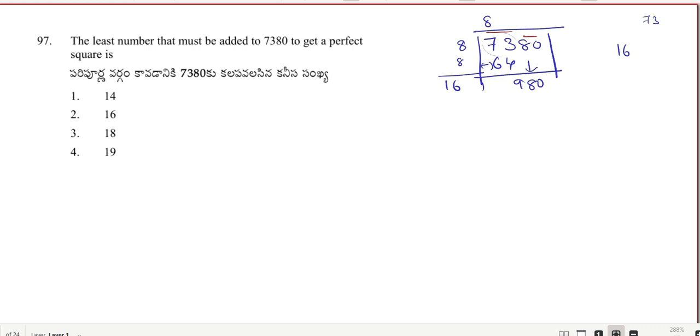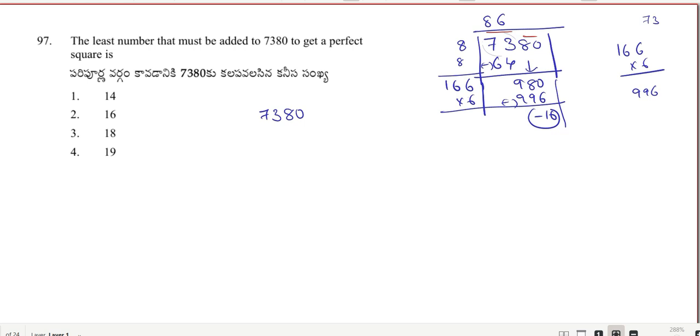So if I take 16 followed by 6, what is the product of this? This product is 996, which is very close to it. So here we also take 6. Subtracting the product 996, you get minus 16. That means the required number is 16, since 7,380 is 16 short of the nearest perfect square.